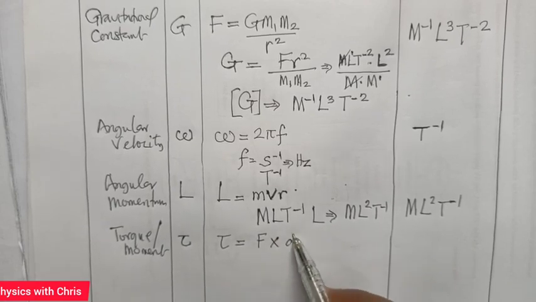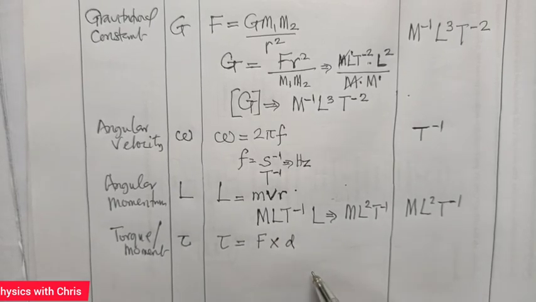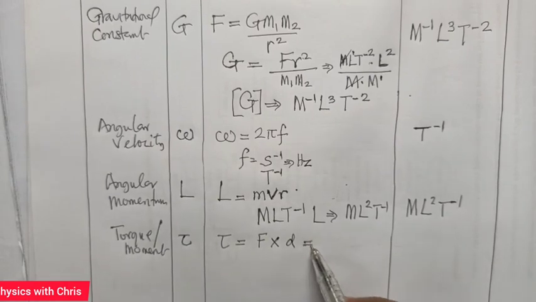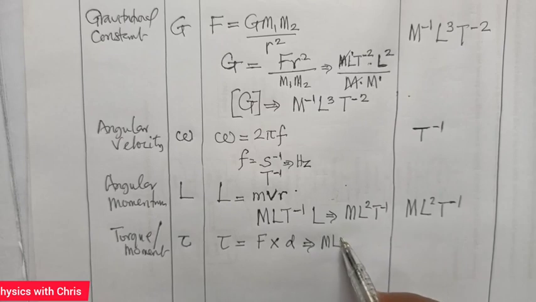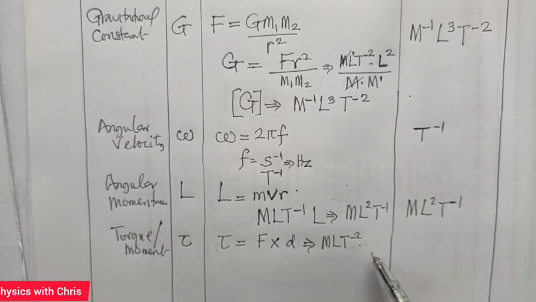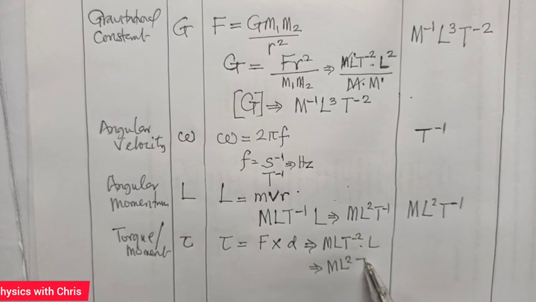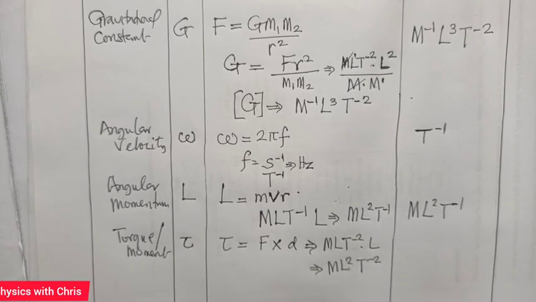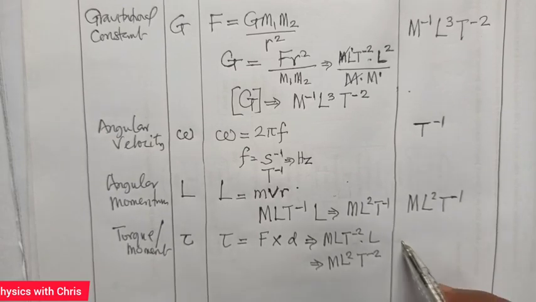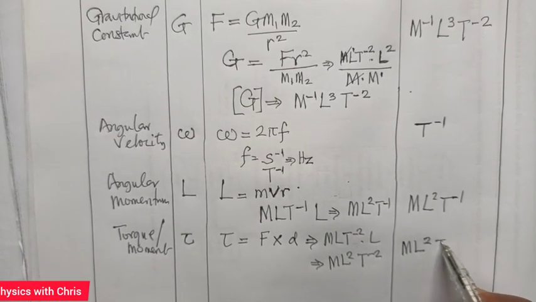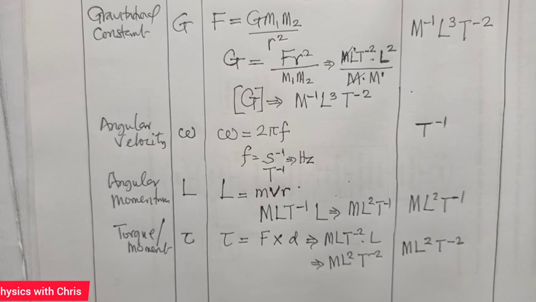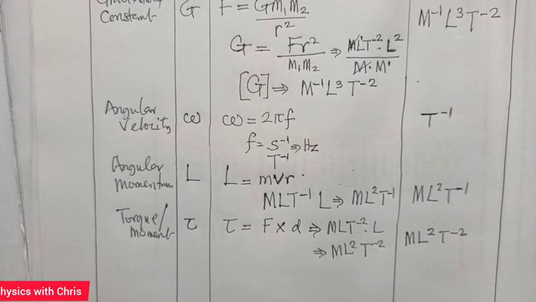The product of one of the forces and the distance separating the lines of action of the two forces is the torque. Now, force has dimension MLT^-2, and distance has dimension L, so it gives ML^2T^-2. Which means moment, torque, and even work done and energy, these four physical quantities have the same dimensions. Okay, but in reality, they don't mean the same thing in practice.